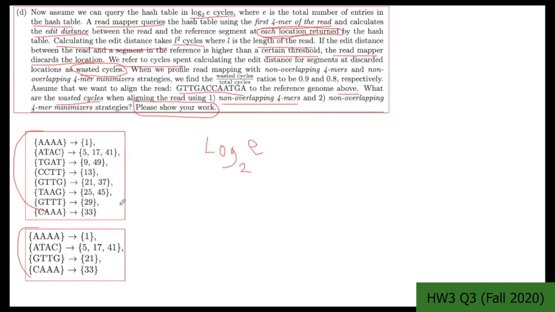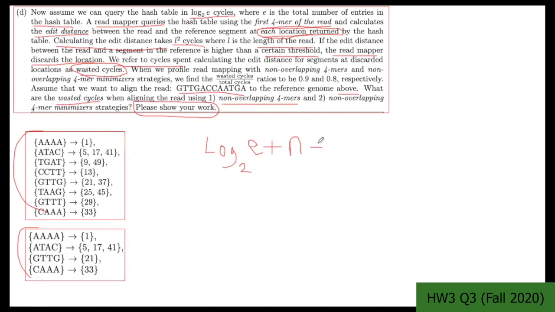Now, the hash table assumed returns some number of locations, let's assume to be n. At every location of this returned location, we need to perform edit distance operation.